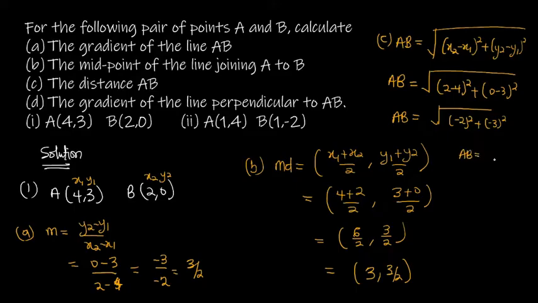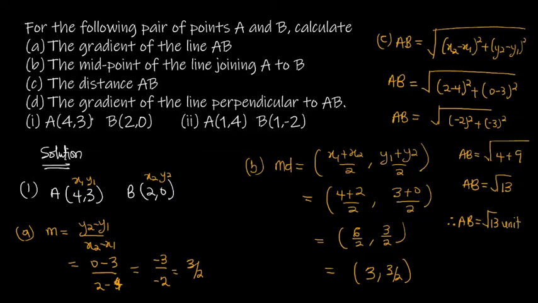So AB is equal to the root of negative 2 squared, which will give me 4, plus negative 3 squared, which will give me 9, and then the length AB is equal to root 13, and so my answer for the distance AB will be equal to root 13 units.